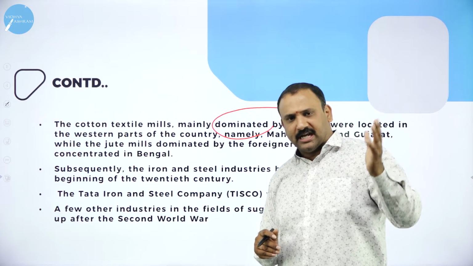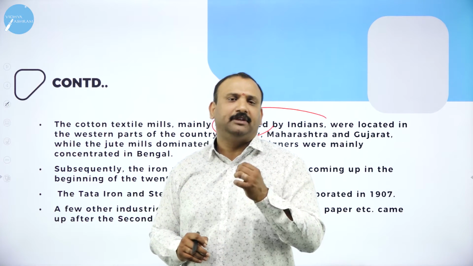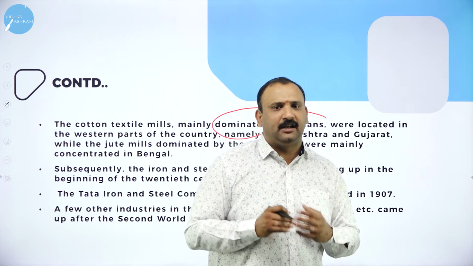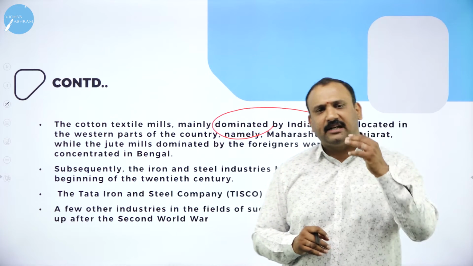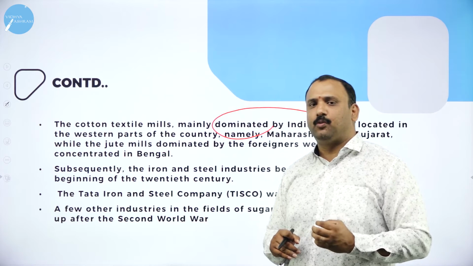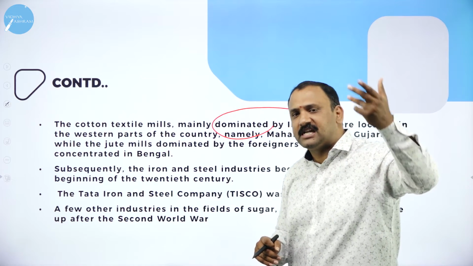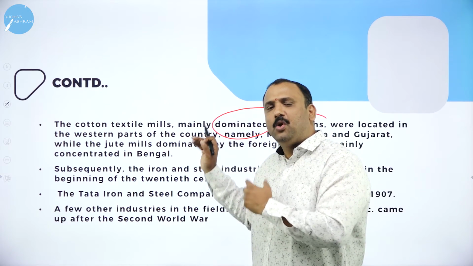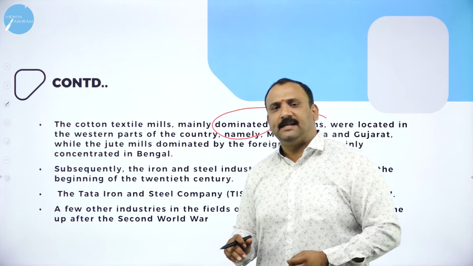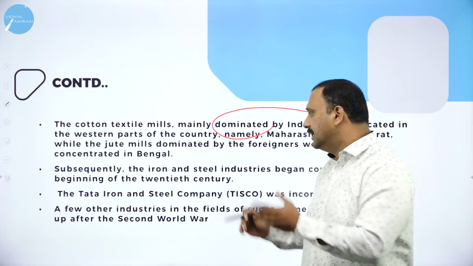So on both sides, on the west as well as on the east, we started developing the textile industry. India did not just give up saying that we are still under the clutches, but India started making progress, seeing that if one industry was not working, let's try something else, something new, and we will start developing ourselves. So that was the reason the cotton textile mills and the jute mills started replacing the handicraft industry, and India started making progress altogether.